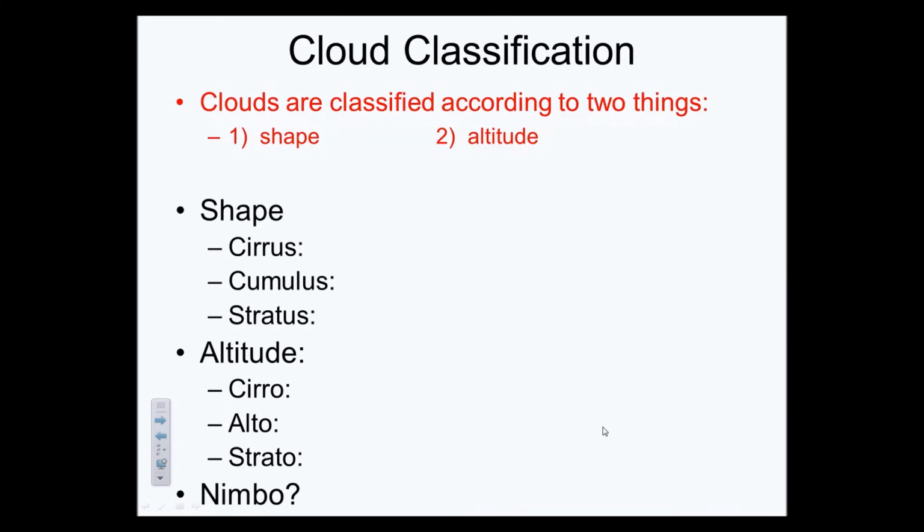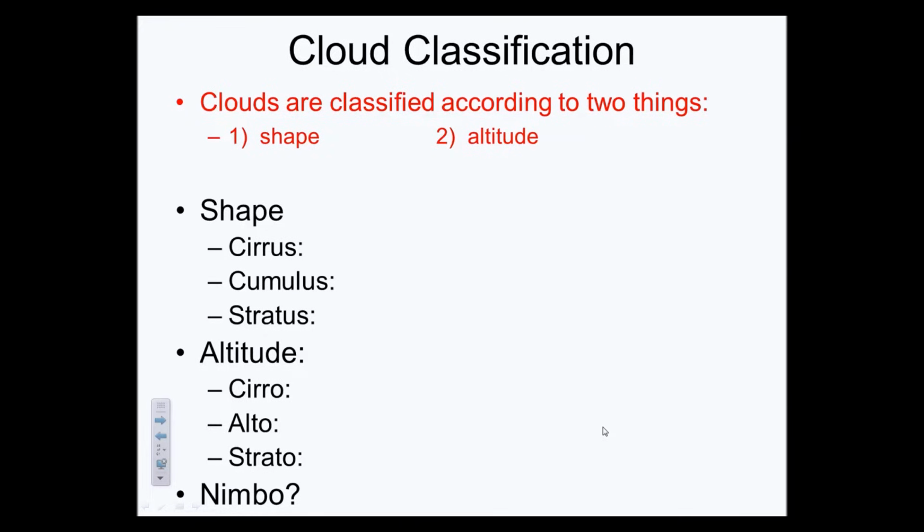Now we're just going to finish up with clouds, and we're going to talk about naming clouds. And we're going to do the very basics, and that'll cover probably 90% or more than 90% of the clouds. So if you look outside after we go through this, you're probably going to be able to identify the cloud. There are some that we're not going to cover, but this is going to get the majority.